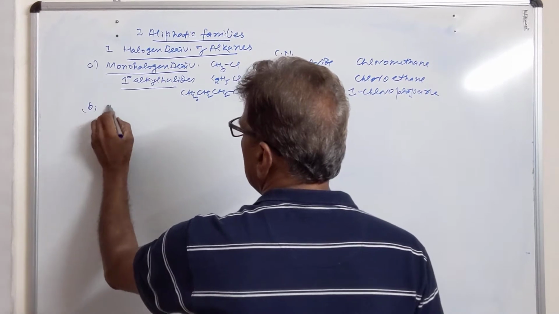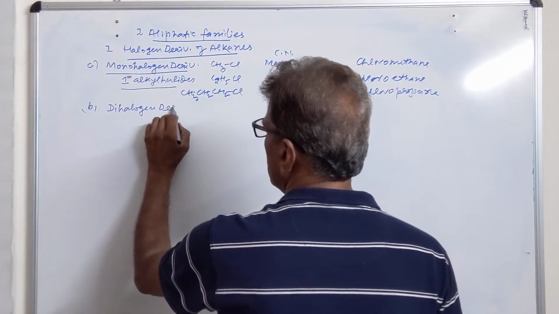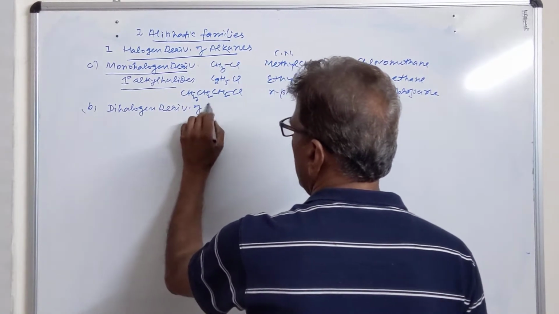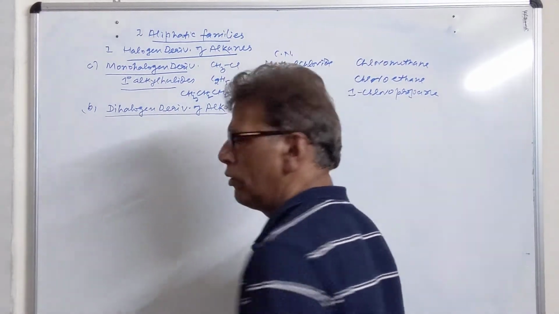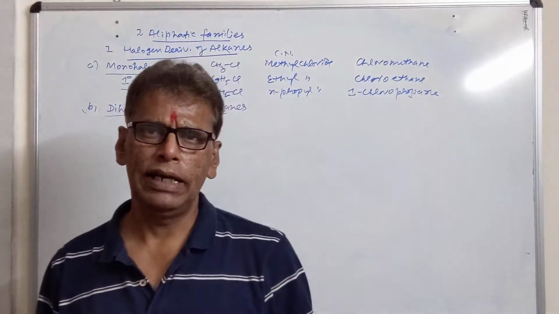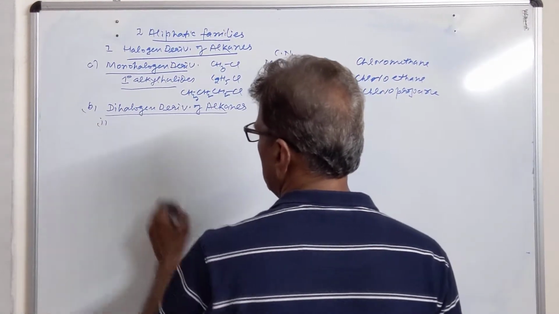Second is dihalogen derivatives of alkanes. They have 2 halogens in the carbon chain. There are 2 classes of this system.